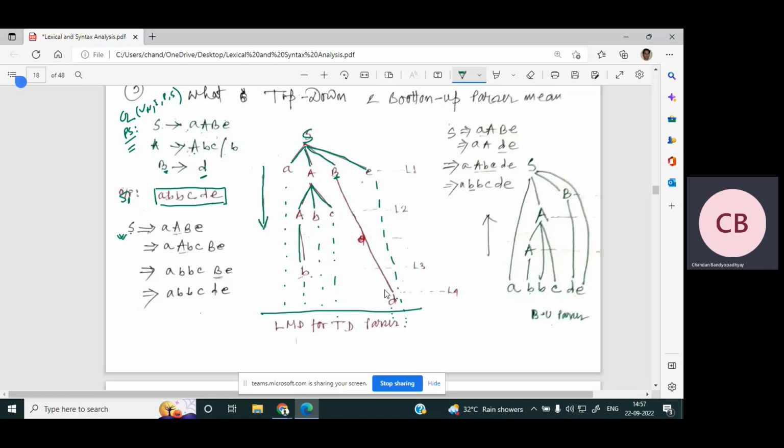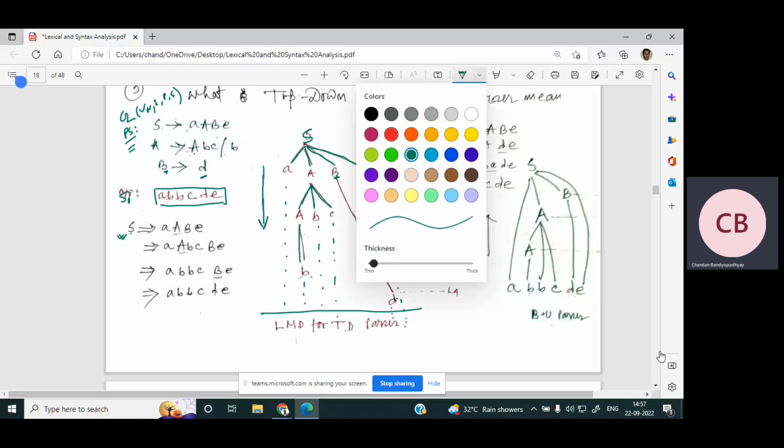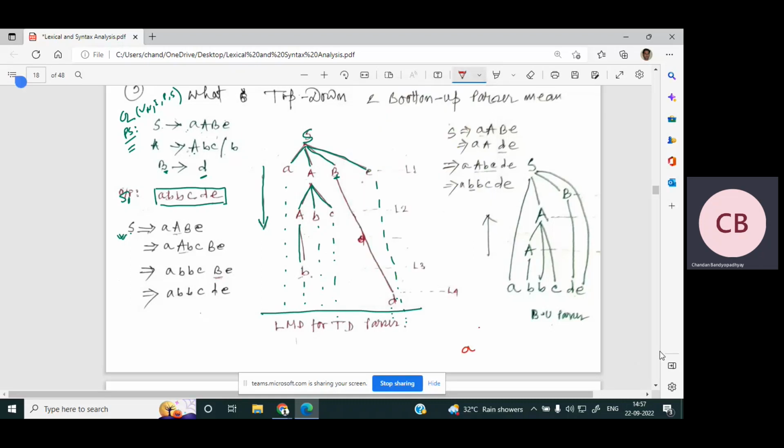Correct. Now, what is the bottom-up strategy? Had I written the string first, a, b, b, c, d and e, this is our objective to get. Right. Now, what am I doing first?